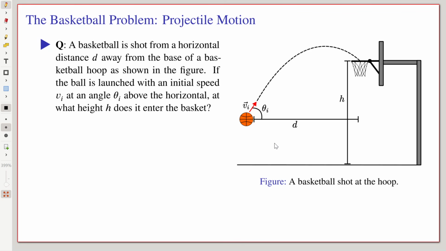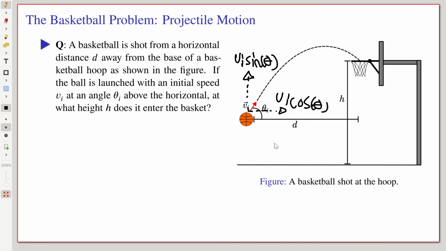First of all, let us decompose the velocity vector of this ball into its components, namely the horizontal component and the vertical component. This part is the horizontal component, and this part is the vertical component. The horizontal component is given by vi cosine theta, and the vertical part is vi sine theta.